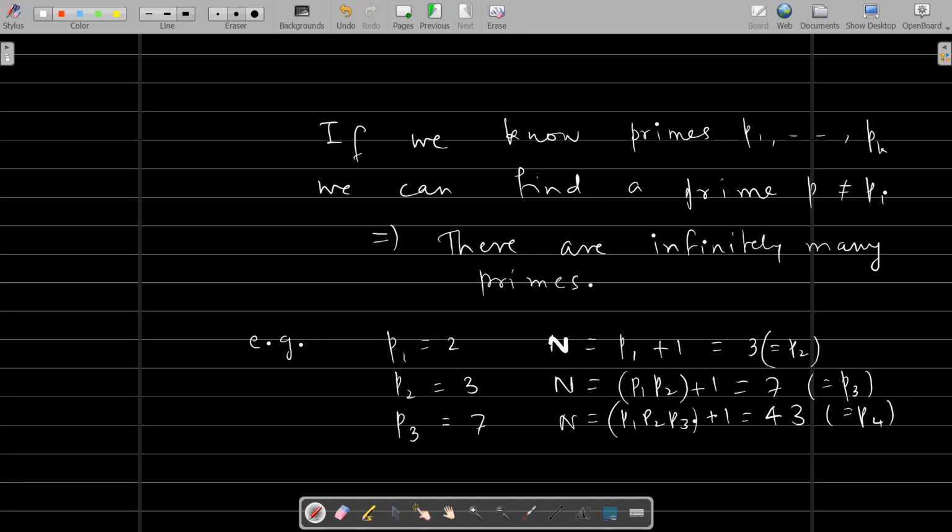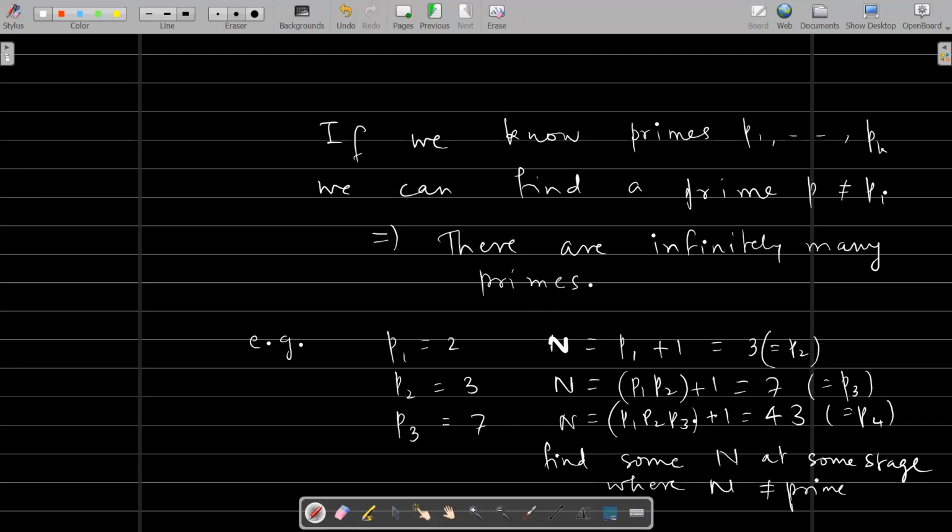But note that this procedure won't always give you a prime. So you can go ahead and find n like this, find some stage where n is not a prime.